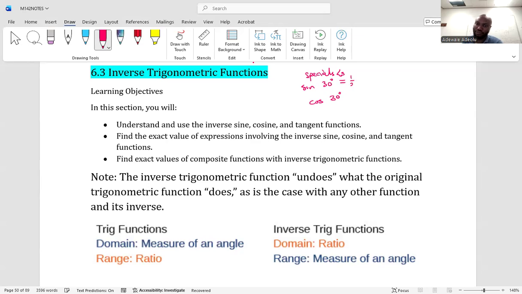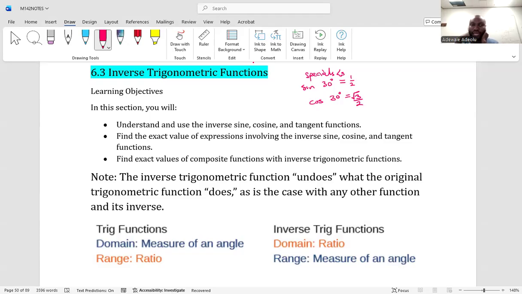Say here, 1/2, here, square root of 3 over 2, and so on. Now, we did that for 60 degrees, 45 degrees, or their values in radians.